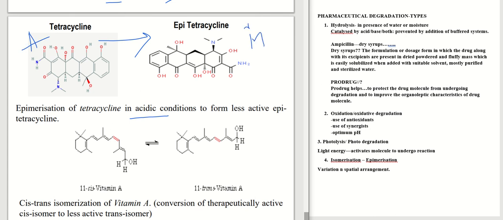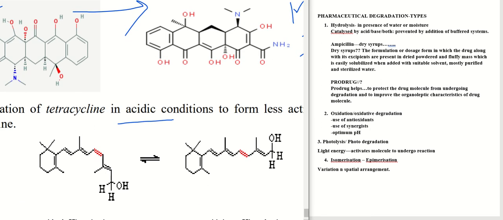Whereas tetracycline is the active form, epitetracycline is the inactive form. Why I have given the structure is, when we see the same, the molecular formula will not change.